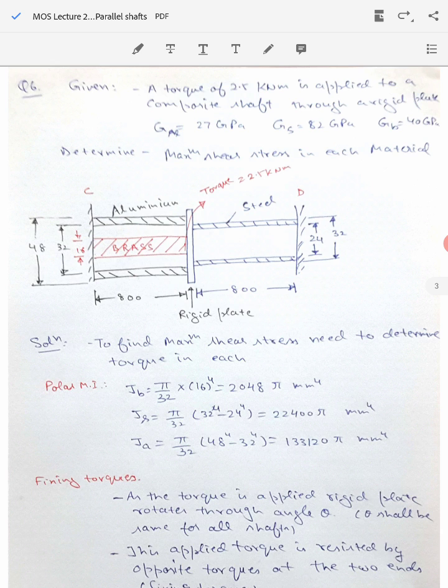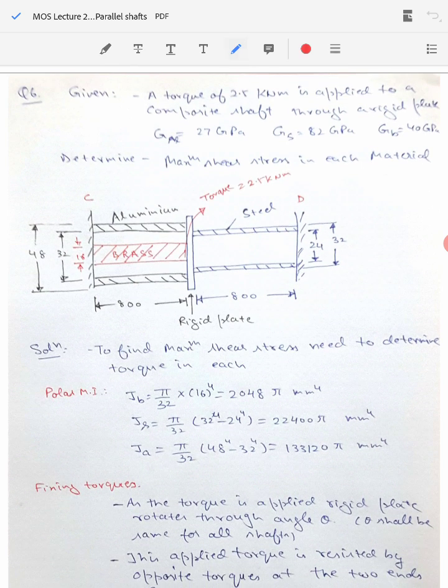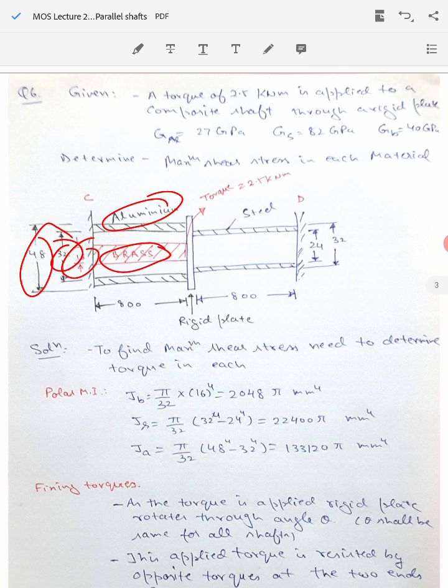So you have a hollow shaft of aluminium, and inside it there is a solid shaft of brass. The diameter of the brass shaft is 16 millimeter. The hollow aluminium shaft has an outside diameter of 48 and an inside diameter of 32.